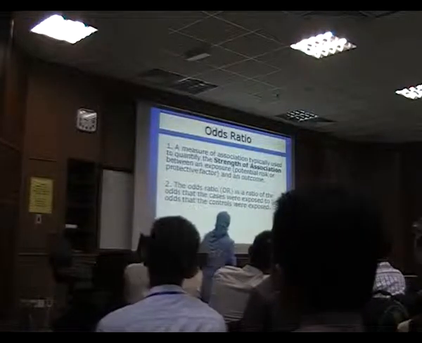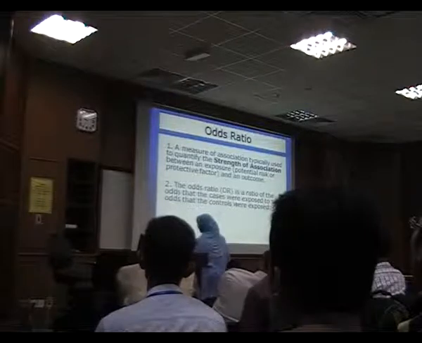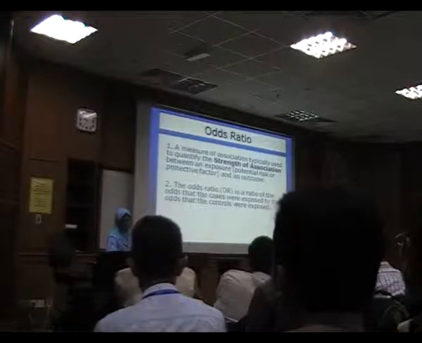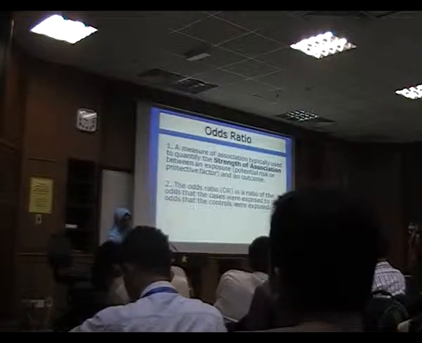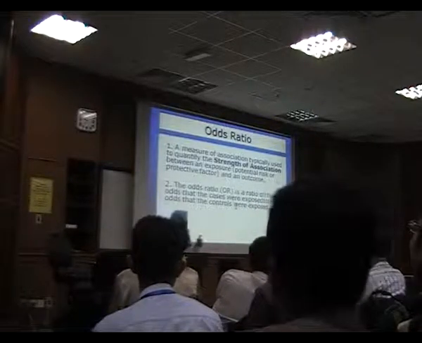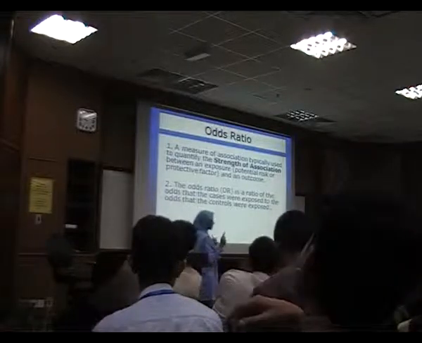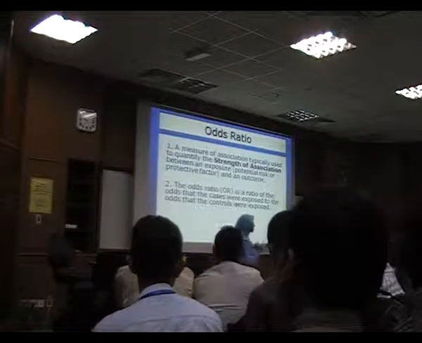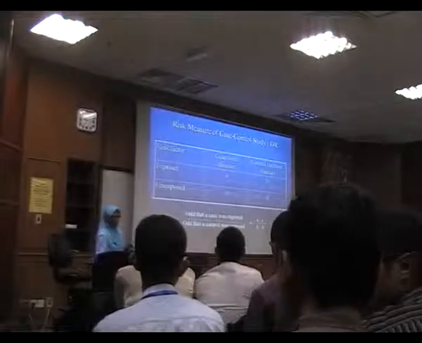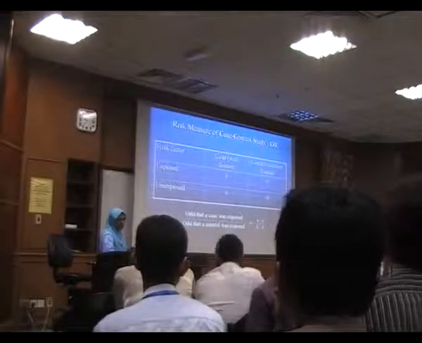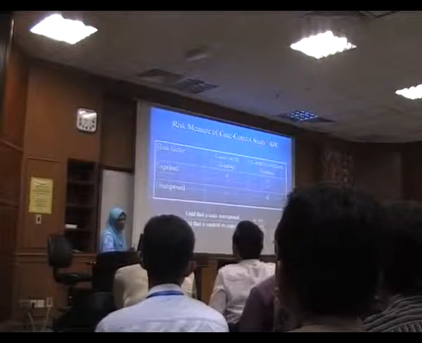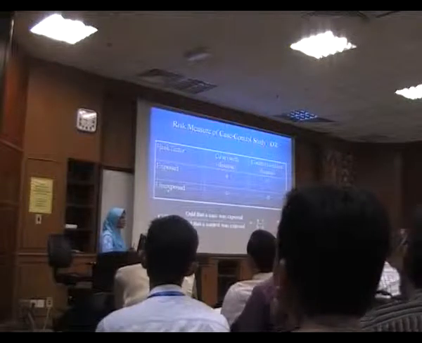The odds ratio is a ratio between the odds that the cases are exposed and the odds that the controls are exposed. These two ratios. Here, you can see the cases and controls, and some are exposed, some are not exposed, isn't it?